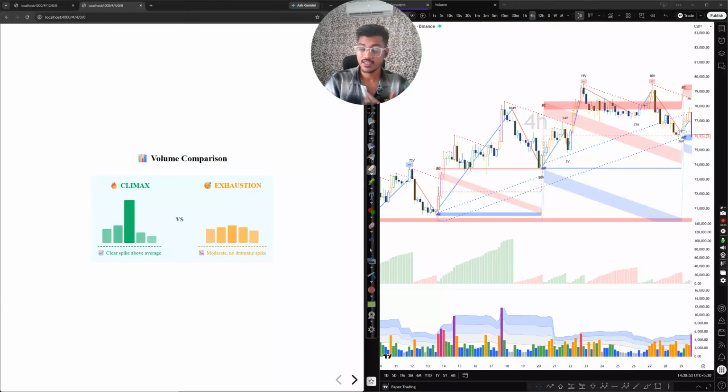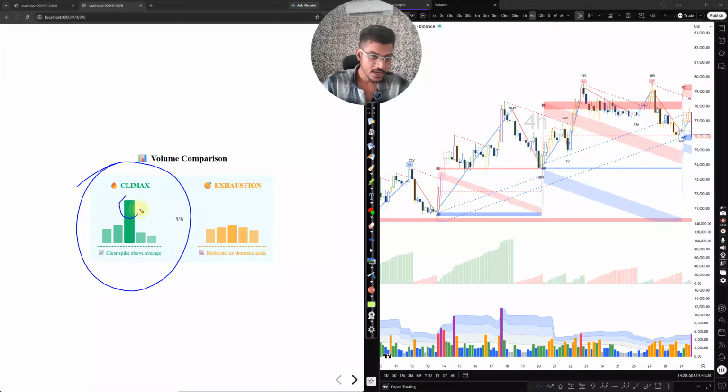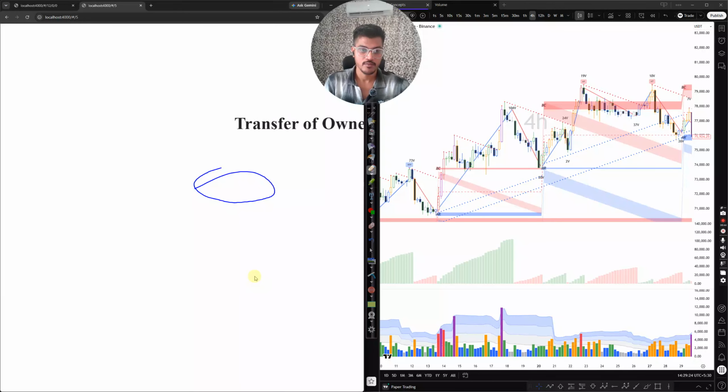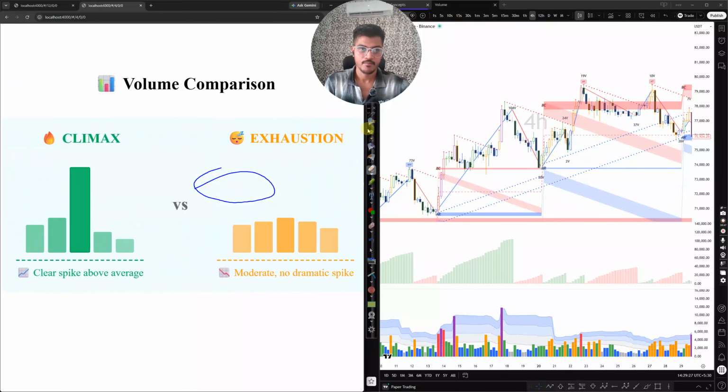The volume comparison is: in climax we see very climactic action, a clear spike above the average. You can see this is your average, this is your first standard deviation, second standard deviation, and this is your third standard deviation. Whereas in exhaustion we see moderate volume, no dramatic spike.